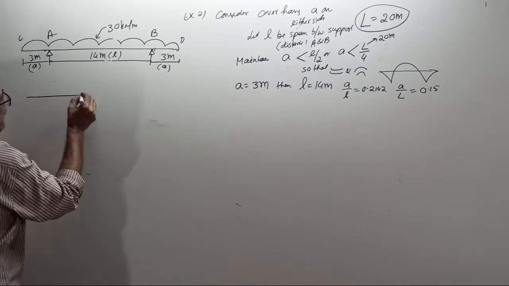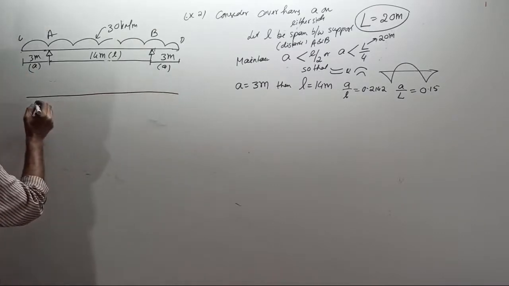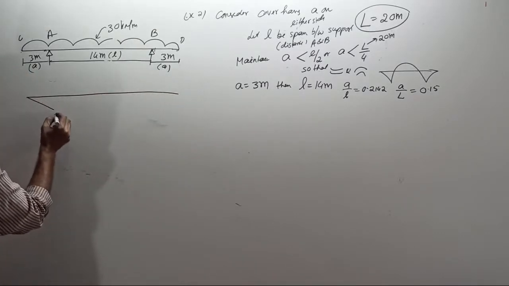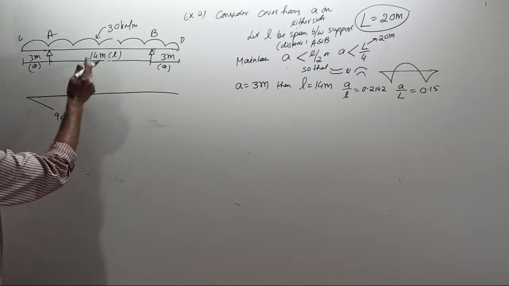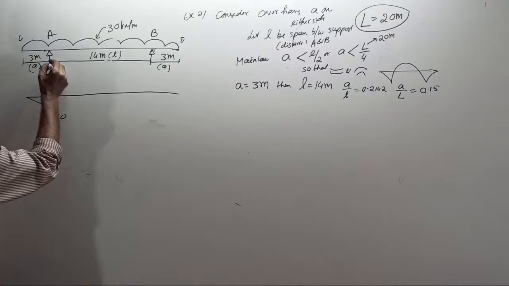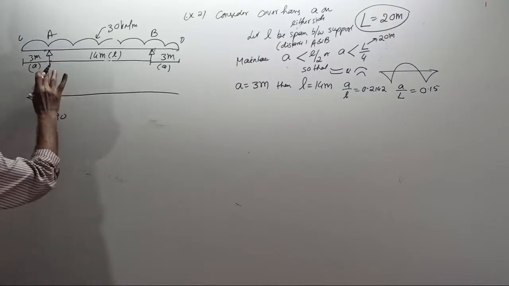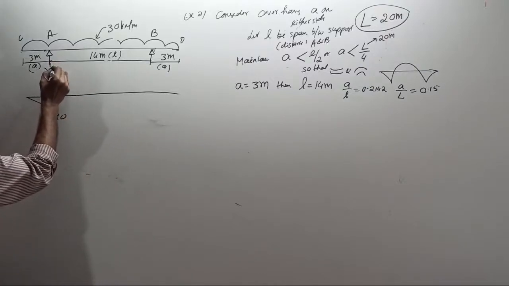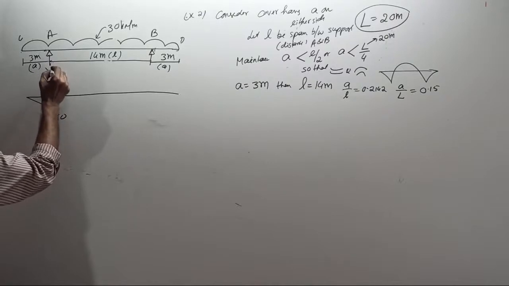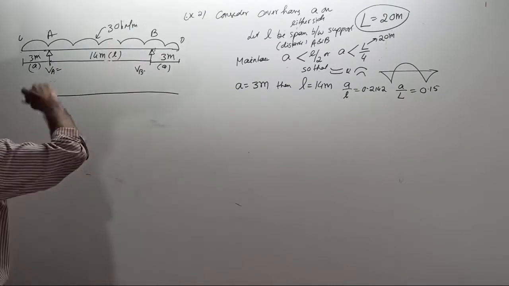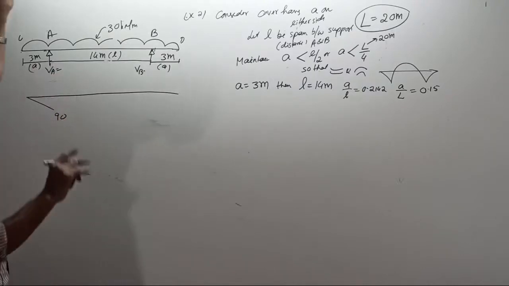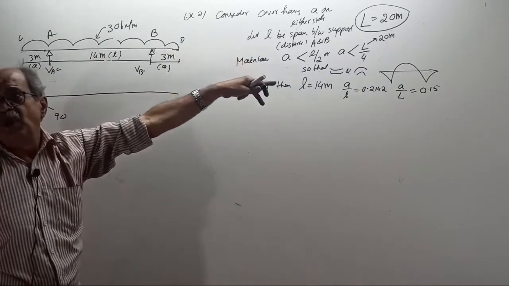Shear force diagram I want. Reaction will come. Anybody can tell the reaction here? What is VA equal to? VA, VB. 30 into 20 divided by 2. It will never change. Oh, last time's question, I forgot to write one thing.